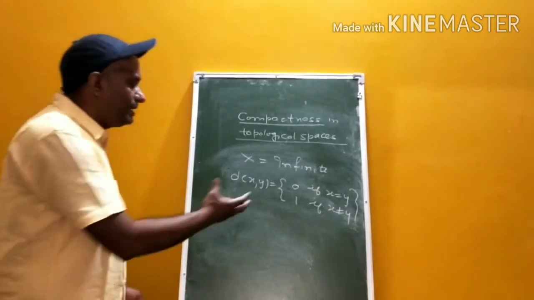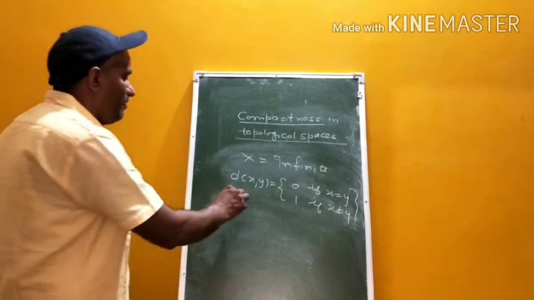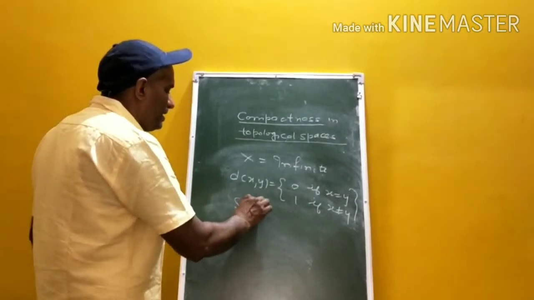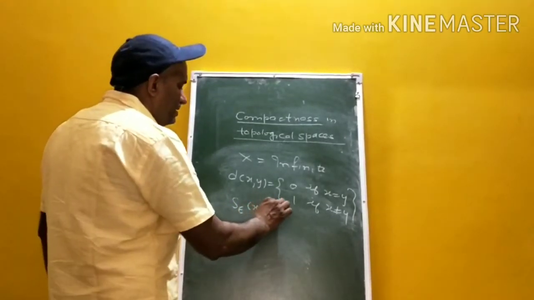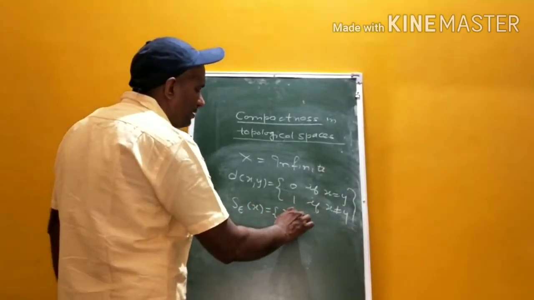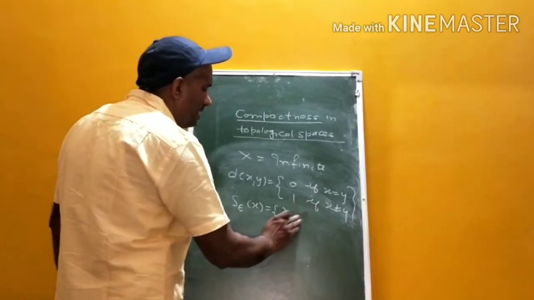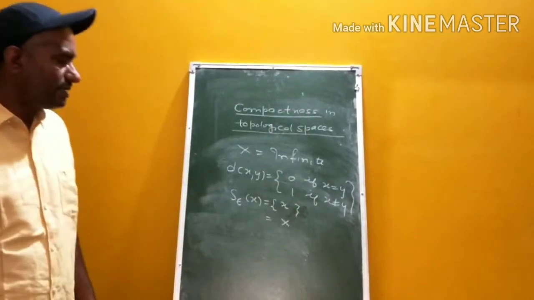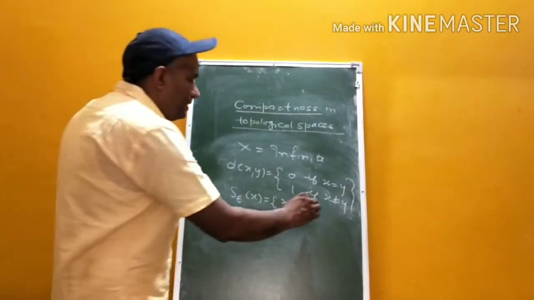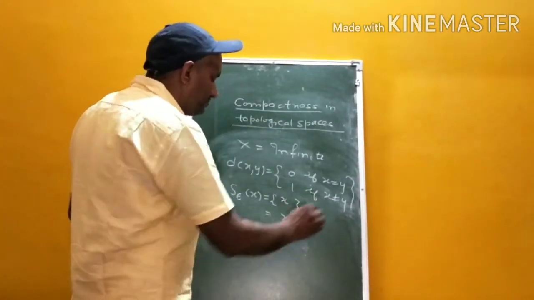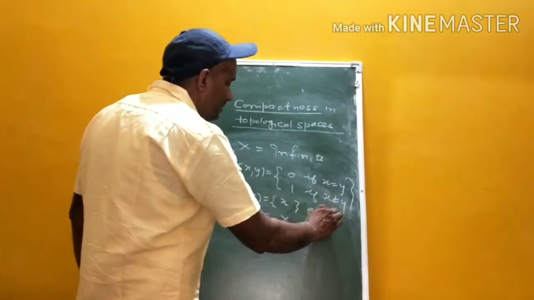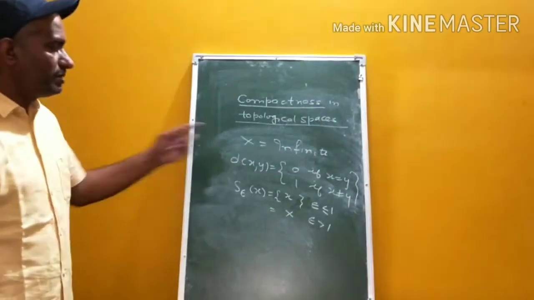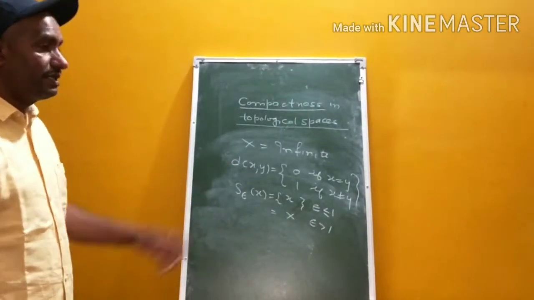The open sets consist of spheres with center x and radius epsilon, which are either a singleton or the whole space, depending on whether epsilon is less than or equal to 1 or epsilon is greater than 1. It is closed, it is bounded, but it is not compact.